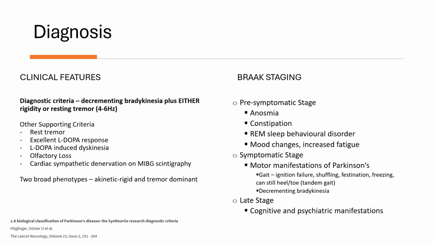Broadly, stages 1 to 2 are the pre-symptomatic stage, 3 and 4 the symptomatic stage, and 5 and 6 the late stage where you get the cognitive and psychiatric manifestations of the disease, which I'll go through in a little more detail. But there's not that much utility in knowing the exact wording for the staging.